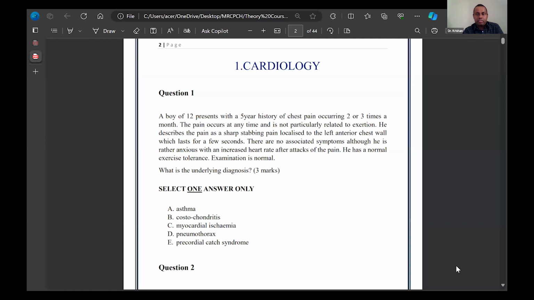Right. Precordial catch syndrome. Now, what do we think as the answer?